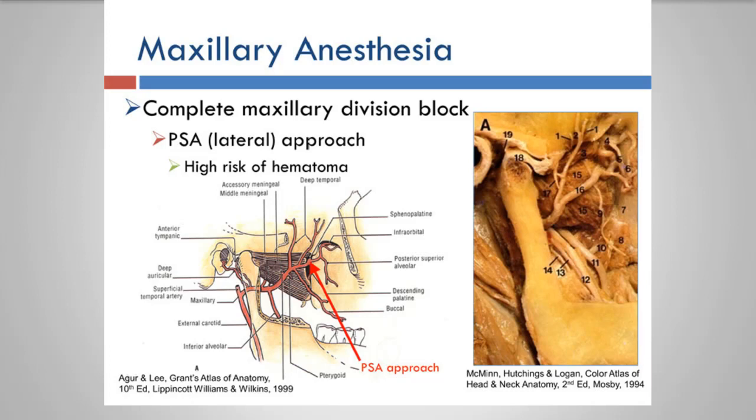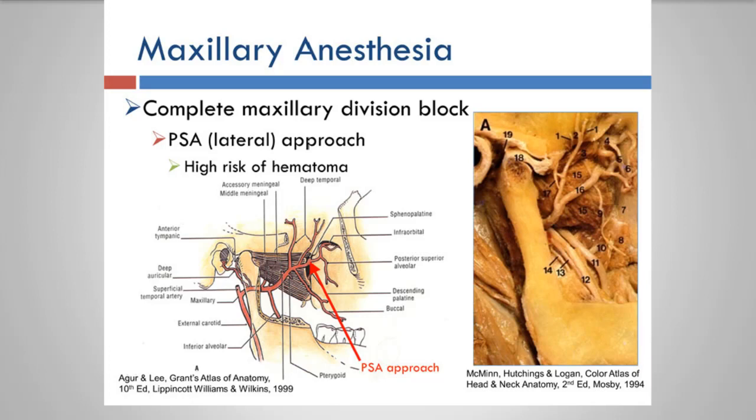Now, one thing you're probably thinking is, ooh, I know that the posterior superior alveolar injection has a fairly high risk of hematoma. Yes, it does, and using this lateral PSA approach has an even higher risk of a possible hematoma.